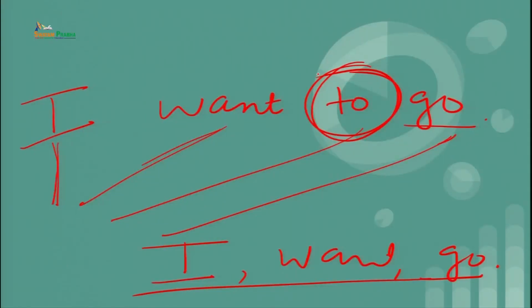You need to put in a word which has to play a grammatical function. So, which word can play a grammatical function here? The answer to this question is that to is actually playing a grammatical function, and after you insert to in the line, you will see that your sentence becomes complete and it conveys a meaning.